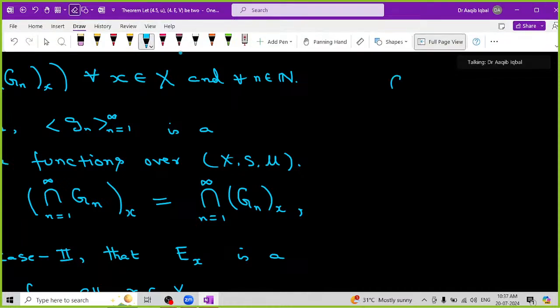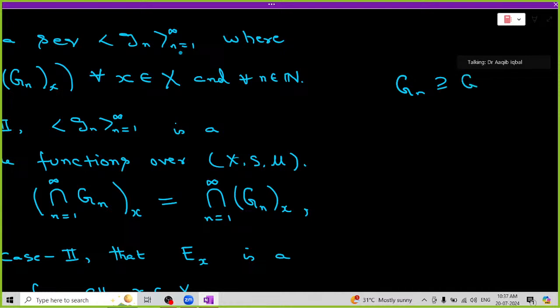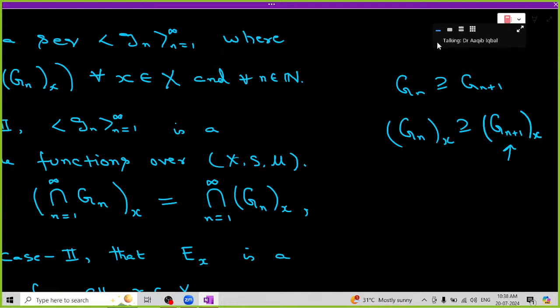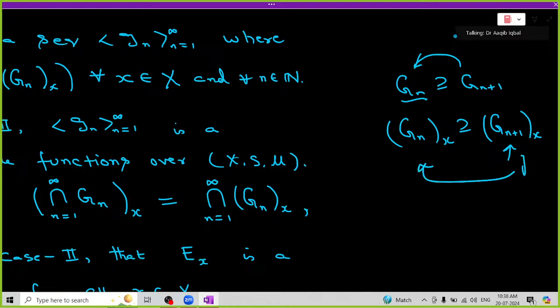Actually, Gn contains Gn plus 1, so the x section of Gn will contain the x section of Gn plus 1. You can easily see this. If a point y is here, it means the ordered pair x, y will be in Gn plus 1, and if it is in Gn plus 1 it will be in Gn also, because Gn plus 1 is contained in Gn. So y will be in the x section of Gn. So this is a subset of this, and it is not that difficult to show.